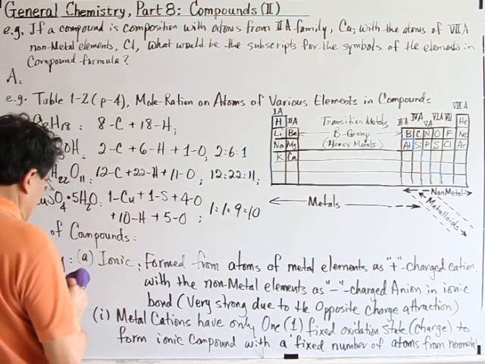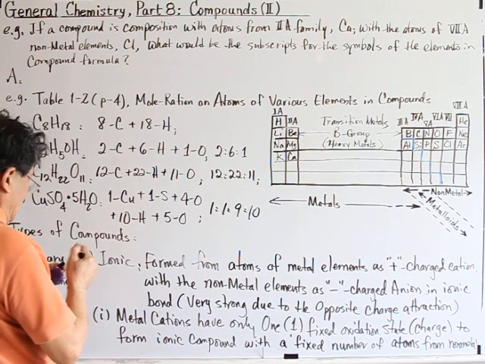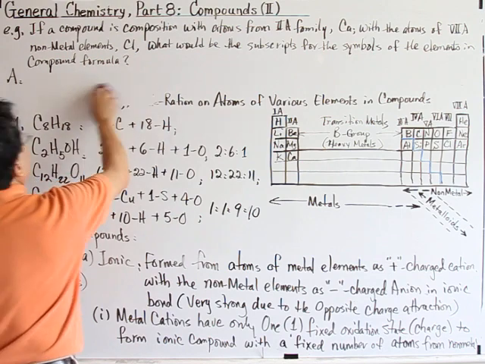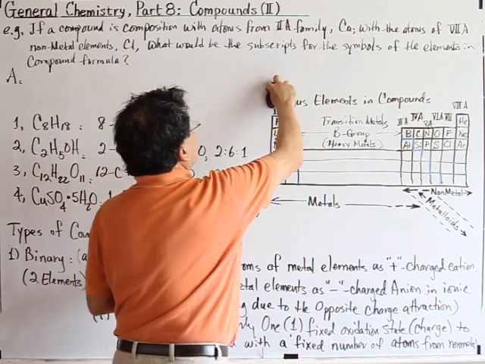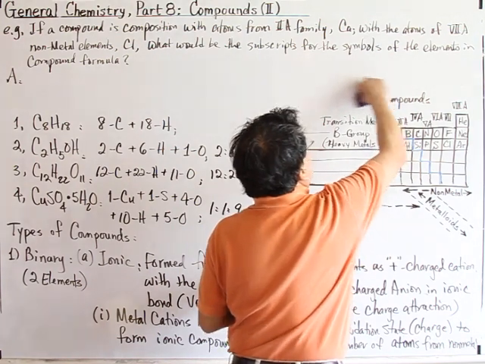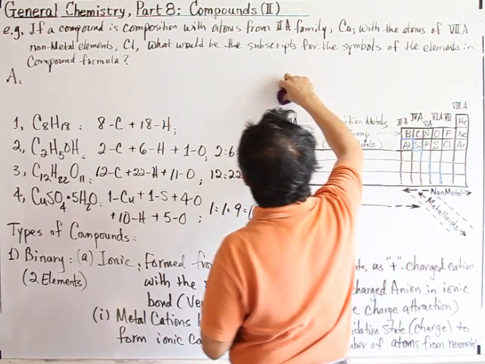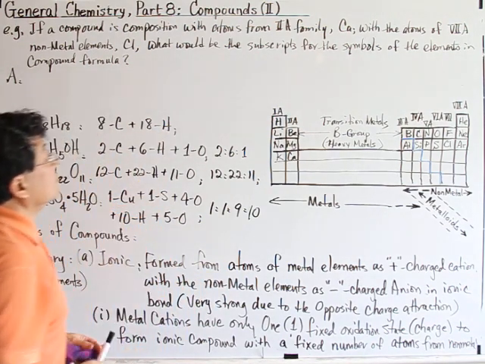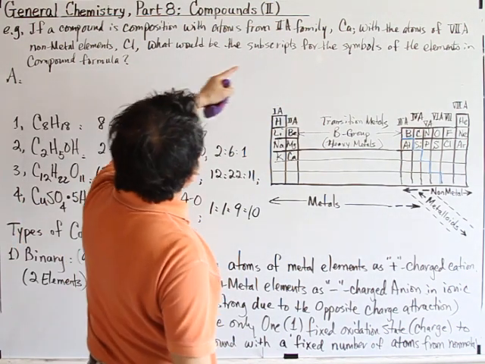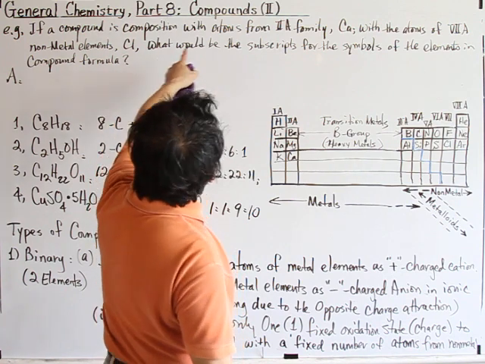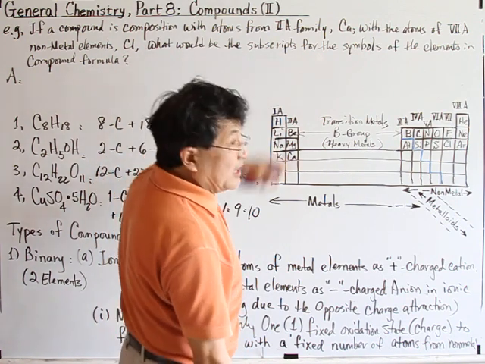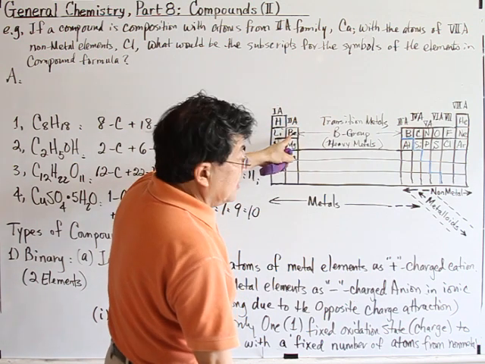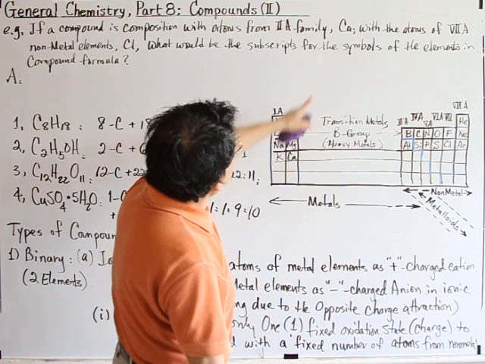Answer right here. Now I need to take this off, just leave this periodic table still there for the time being. We may need to use it for this problem, or the next problem we can use this part of it. So if the compound is composed with atoms from the 2A family, which is the alkaline earth metals, beryllium, magnesium, calcium, here it says calcium.